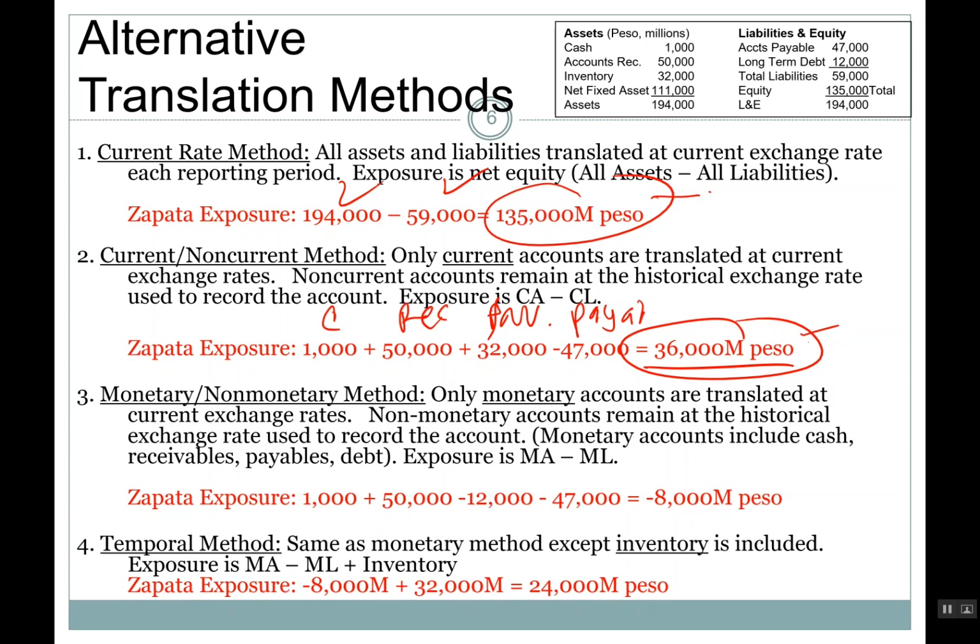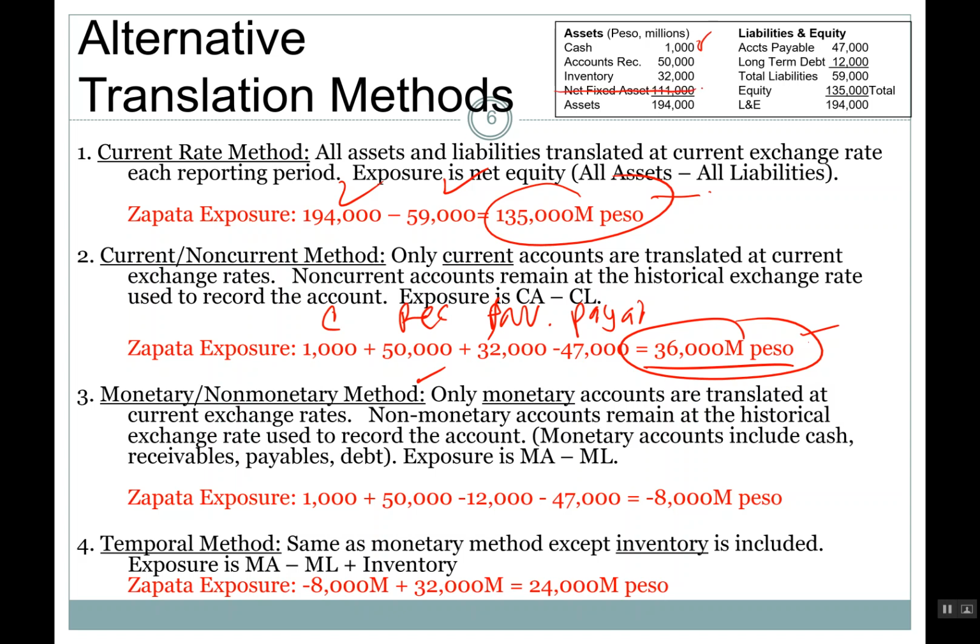Well, I kind of like this one too. The monetary, non-monetary method. This method says, let's only use the accounts that represent cash. In other words, they don't represent a real asset. So cash is cash. That's easy.